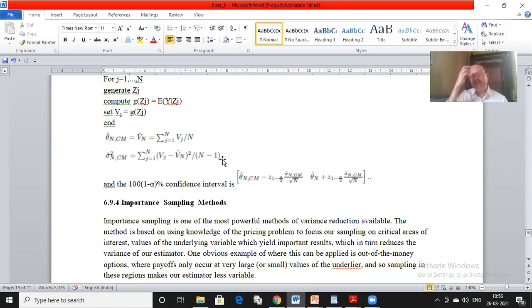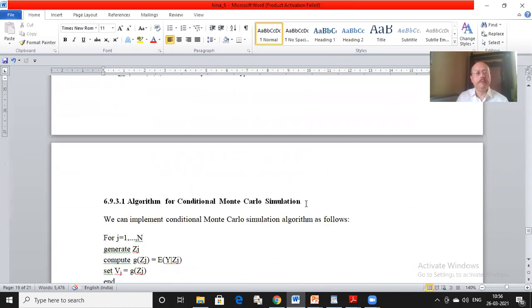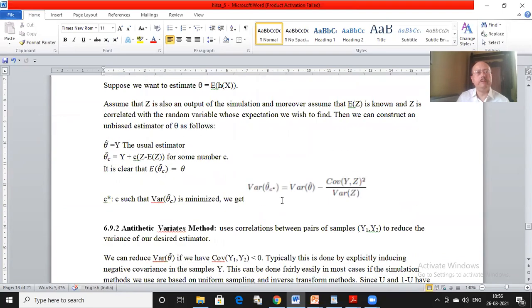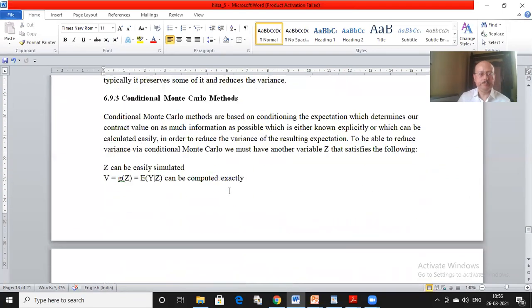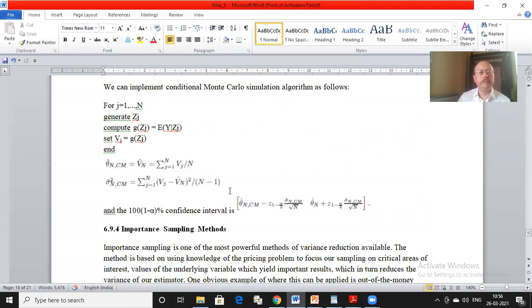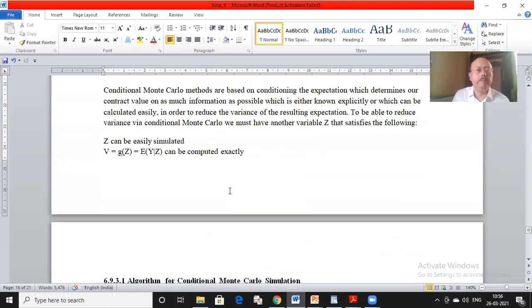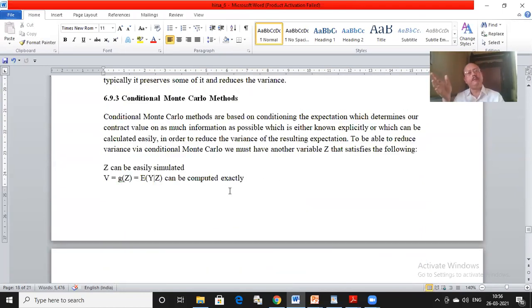Again, the idea relies on regression-like methodology, so in that sense, conditional Monte Carlo and control variate methods are based on the same principle. So that is conditional Monte Carlo. It requires identification of a particular variable z with these properties: that I can simulate it cheaply and I can compute this conditional expectation exactly.